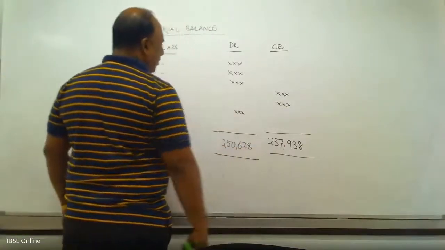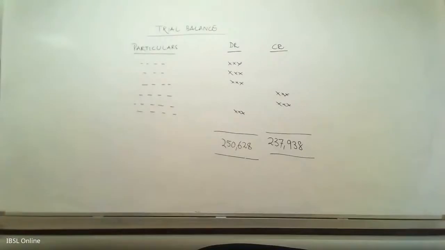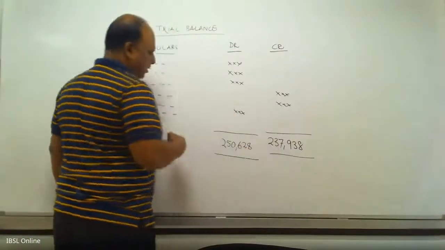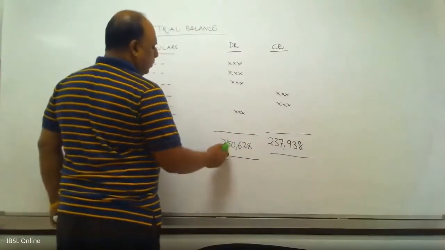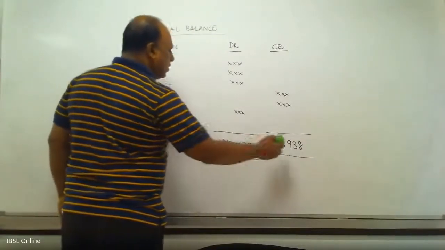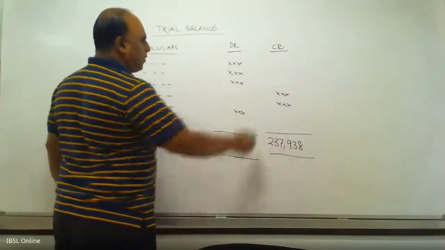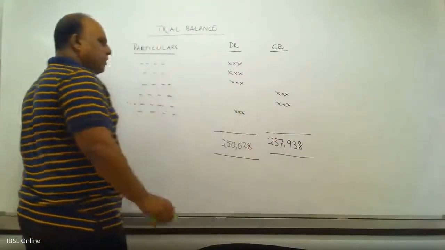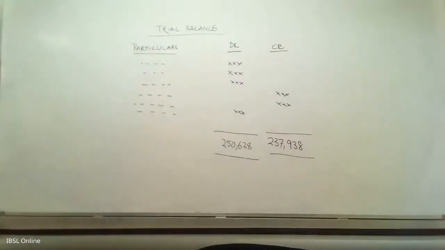If the trial balance had equal amounts of debits and credits, say the debit total to be 256,228 and the credit total also 256,228, or the credit total of 237,938 and the debit total also 237,938, then there is no problem, because that gives us some assurance of the mathematical equality of the trial balance. But here we have a problem where the trial balance doesn't agree.